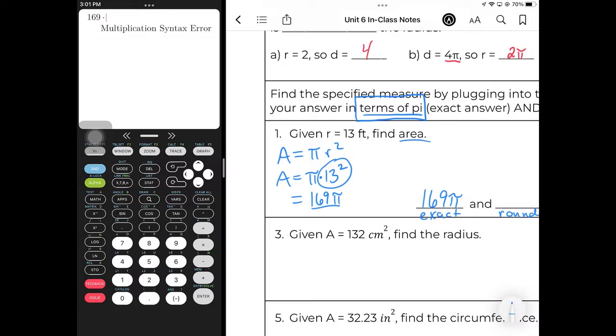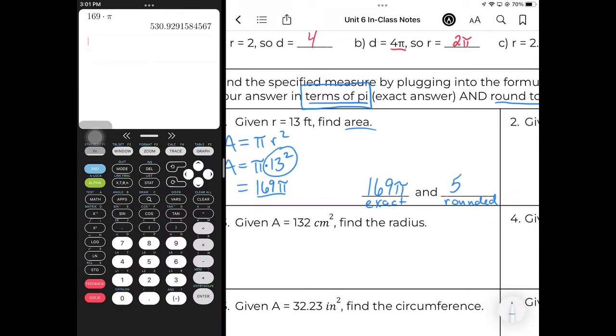So it's the key right above the division sign, but I have to hit my second option to get pi to show up. I don't want to use 3.14. I want to use the actual value for pi programmed in my calculator. So when I do 169 times pi, I get something that would round to 530.9. Okay? So that's how you write an exact answer and a rounded answer.